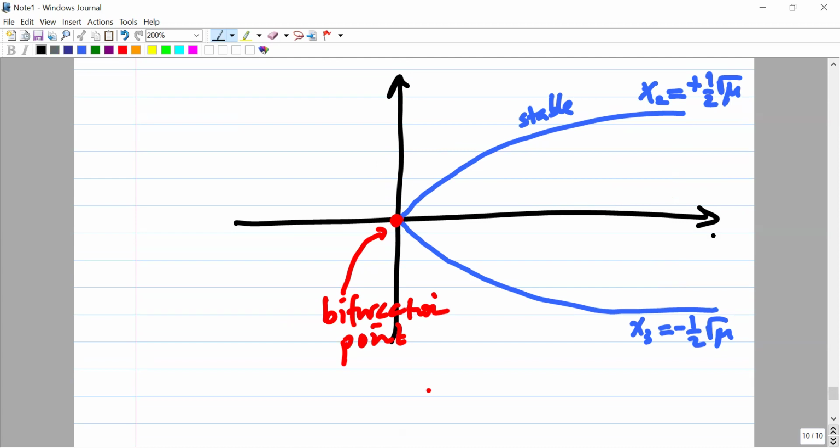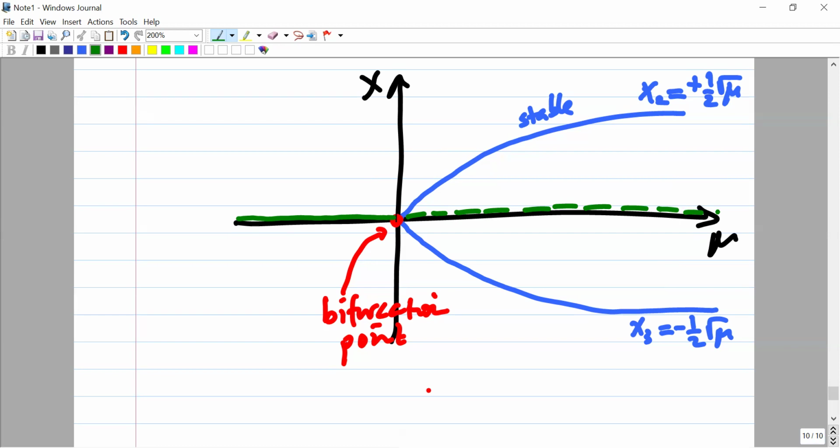Okay, let's double over. All right. So then I will use the green color here. This is now x1. It is stable here, and then it becomes unstable when mu is greater than 0.